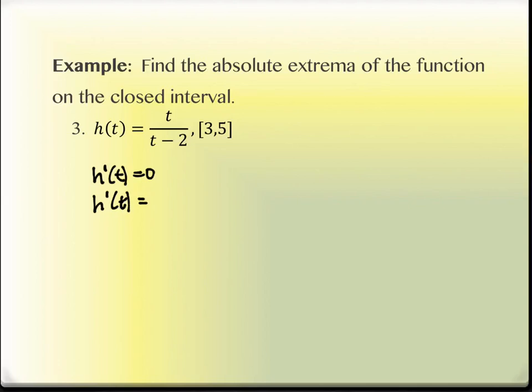This is a quotient, right? So I have my denominator times the derivative of the numerator minus the numerator times the derivative of the denominator over the denominator squared.